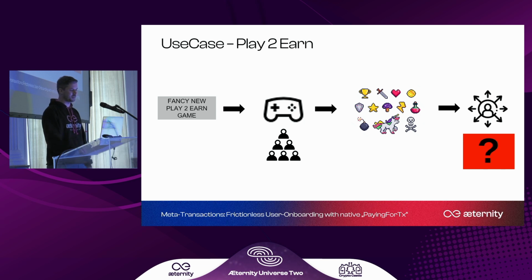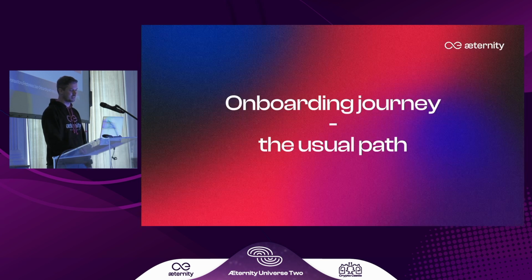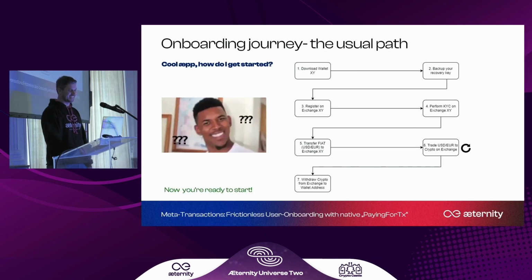What's the typical user onboarding journey in that sense? Somebody discovered your app. Maybe the first two steps were already done because he's already playing that game, like in the first slide. He maybe already earned some tokens, but now he has to do something, and that's point 3, where people need to somehow get the native coin of a blockchain because there are always transaction fees involved.